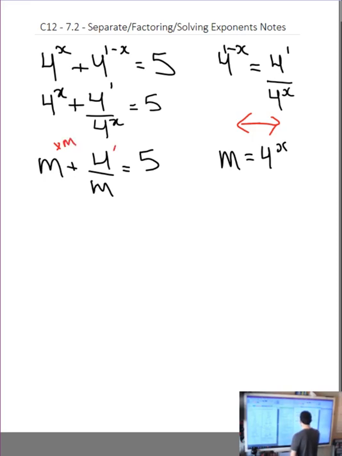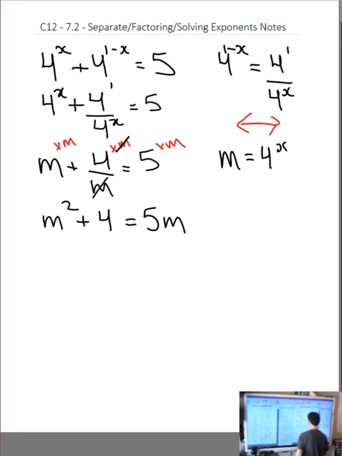So I'm going to times both sides by m. So m times m is m squared. I times the middle term by m just to get rid of it. And 5 times m is 5m. Now I can rearrange it by subtracting 5m from both sides.